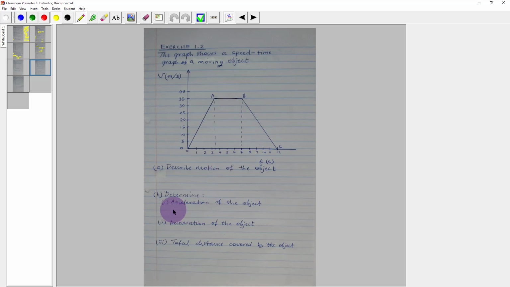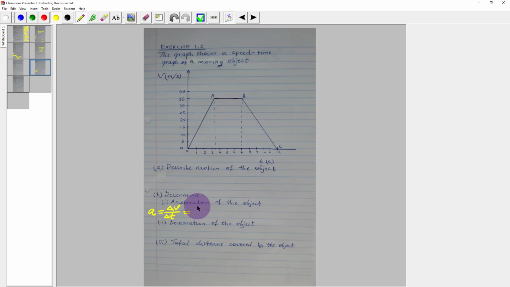Now, when we are asked to calculate the acceleration of the object, of course, we know that it applies to this section here. So I'm going to get the change in velocity divided by the time it has taken that velocity to change.